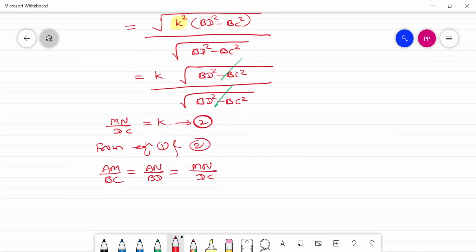Now if you see this carefully, a little concept of similarity is used.